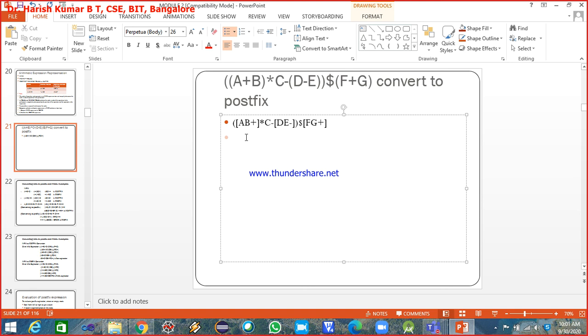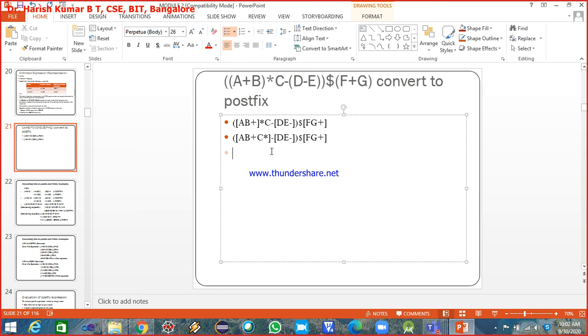I'll write it: A B plus is one operand, C star, and this whole thing is one operand now. Next, minus another operand D E minus, close the big bracket and the small parenthesis, dollar, then F G plus.